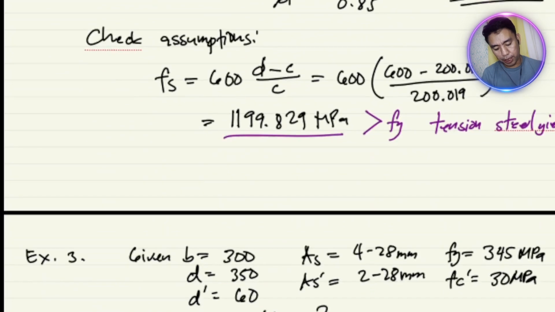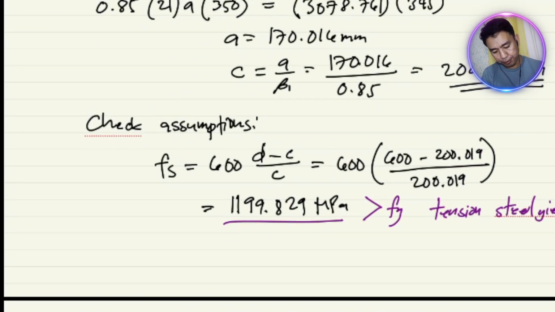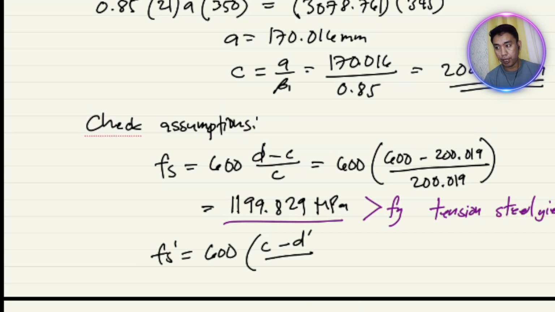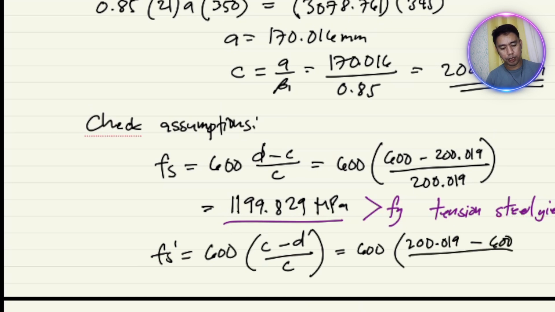So, tension. I-check naman natin yung compression steel. The compression steel of Fs prime, ang formula is 600 times C minus D prime over C. Yung isa is 600 times D minus C over C, where ang Fs prime is 600 times C minus D prime over C. So this is 600 times C, 200.019 minus D of 600 over 200.019.